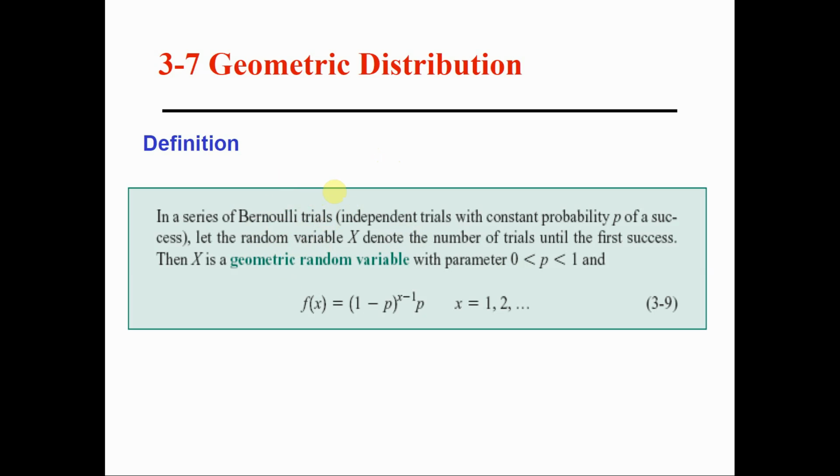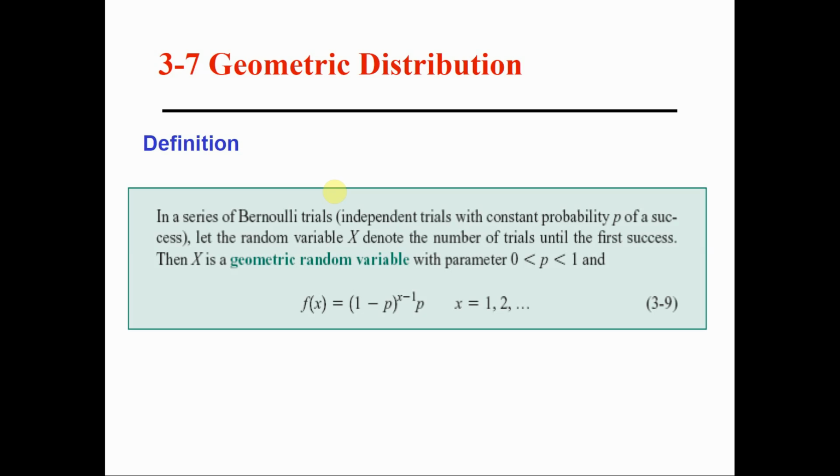I don't define how many times you need to toss it, but I tell you to keep tossing the coin until you get the first head, and then you stop. What you need to observe is how many times you had to toss until that success. That's a very important distribution, a very important random variable.